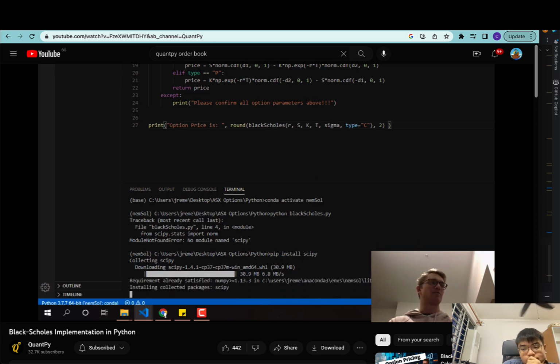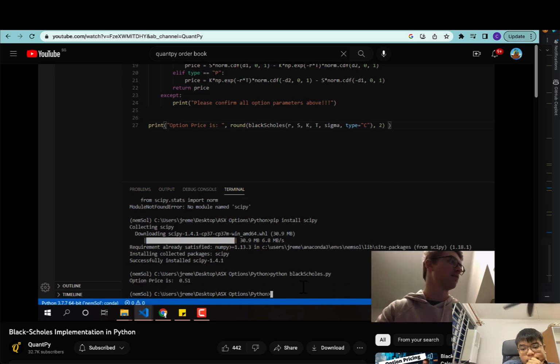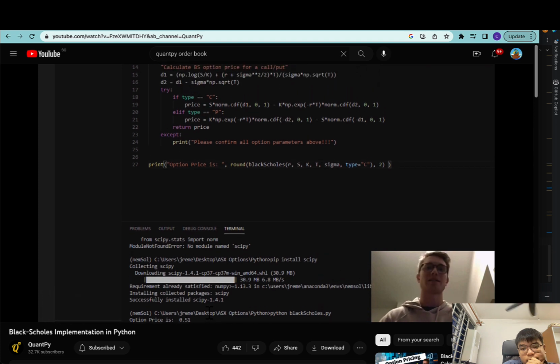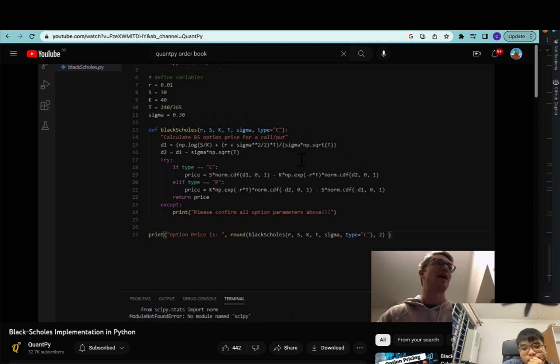But NumPy must have been there. So we'll just wait for that to install. And then we'll be able to run that again. So just up key, enter. Excellent, option price is 51 cents. And if you remember from the Excel video, that was about similar, despite the fact that we missed out the T. And that's because it was close to 1 year.